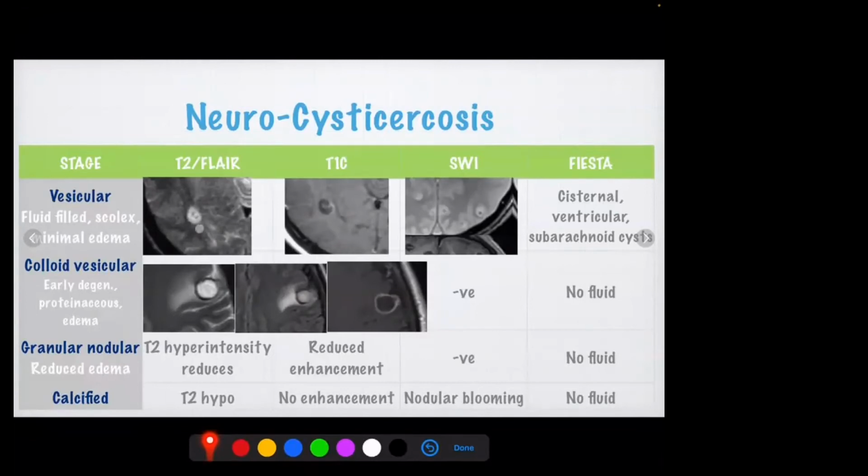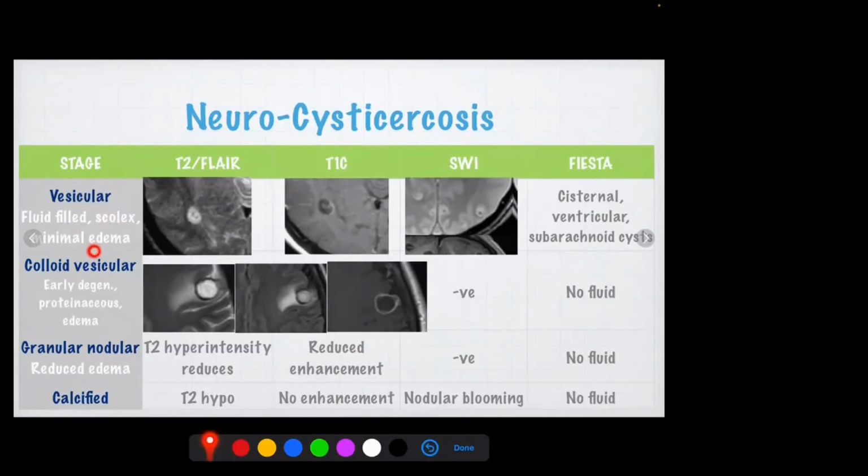We need to know the pathology of the stages of development, and hence we can understand the radiology better, and we don't have to memorize the sequences. First is the vesicular stage, which is mainly a fluid stage. There is a central scolex, typically a fluid-filled lesion, with minimal edema of the cyst wall and the surrounding.